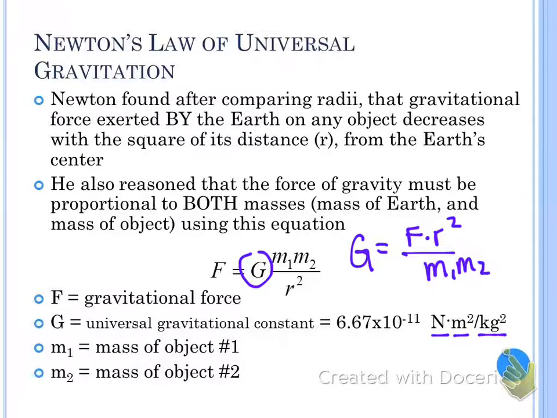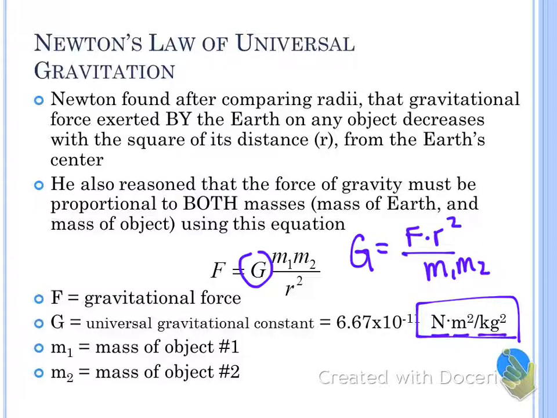So that means my force always needs to be in newtons. My radius always needs to be in what? Meters. And my mass always needs to be in kilograms. So in order for our G value to work, we have to be in those units. A lot of times distances from the Earth could be given in kilometers, so you need to make sure we convert that to meters.